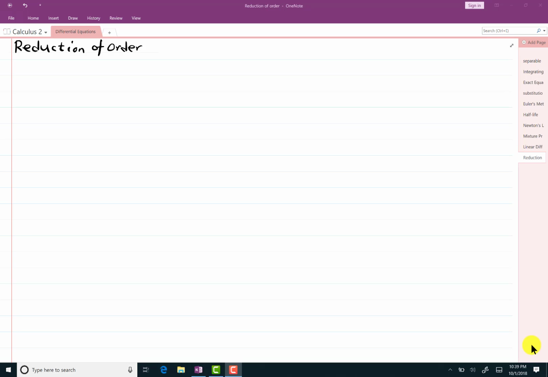In this section, we're going to specifically try to reduce second order differential equations down to first order differential equations, hence the name reduction of order.